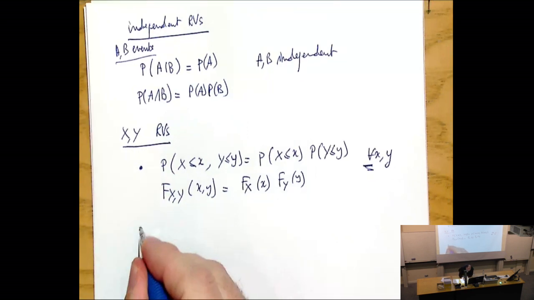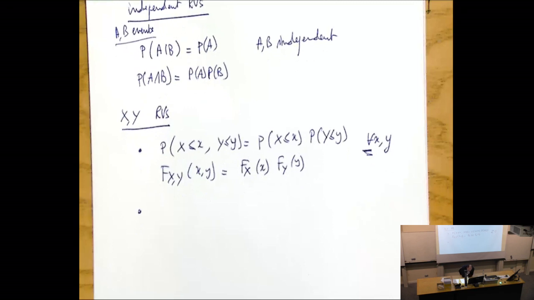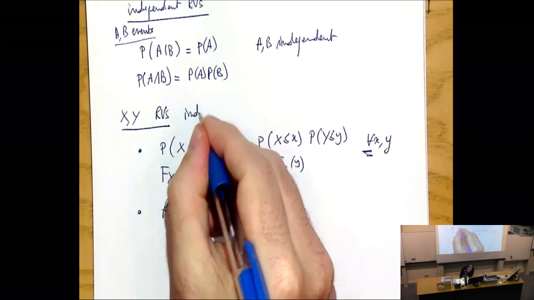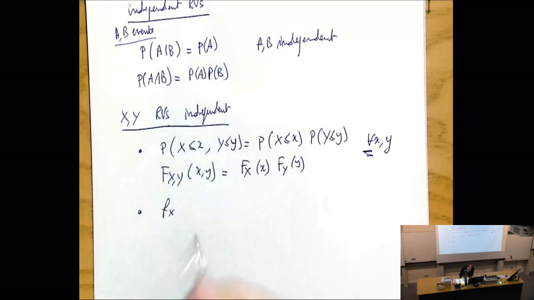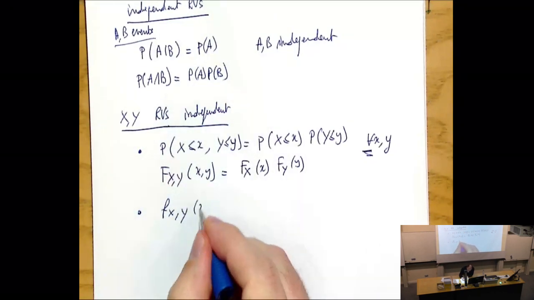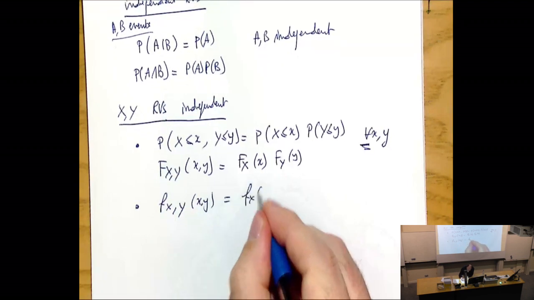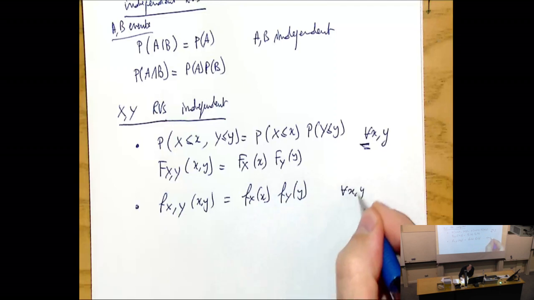You can also define this based on the marginals, using the probability density function or the probability mass function. So you could say X and Y are independent random variables if the joint PDF of X, Y is equal to the product of their marginals for all x and all y.